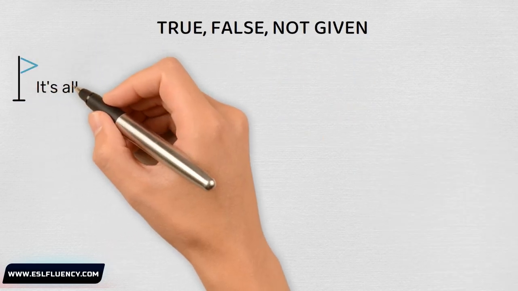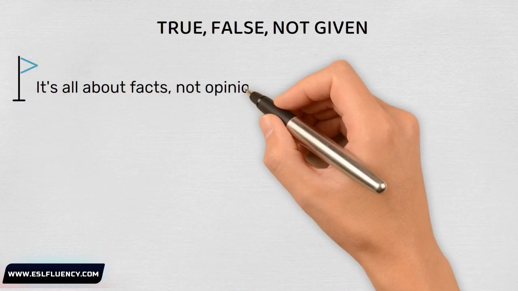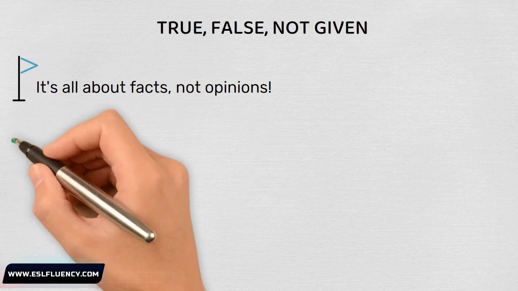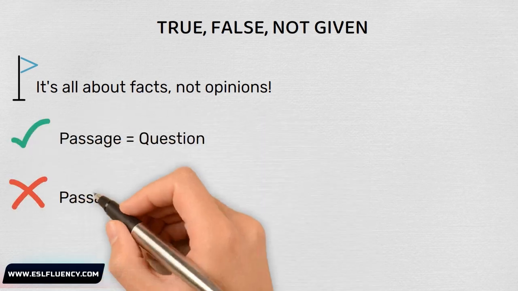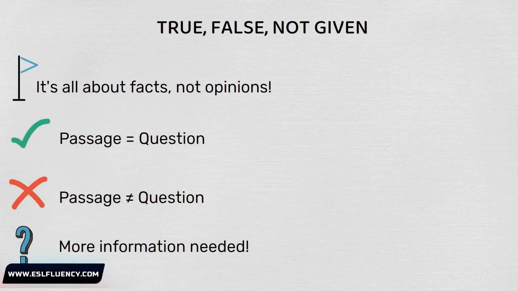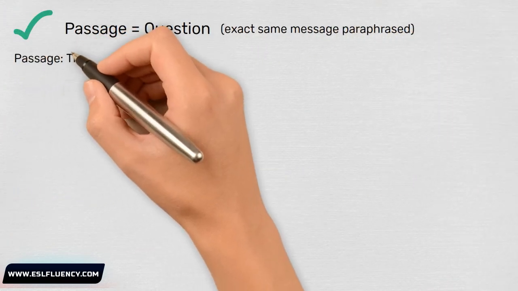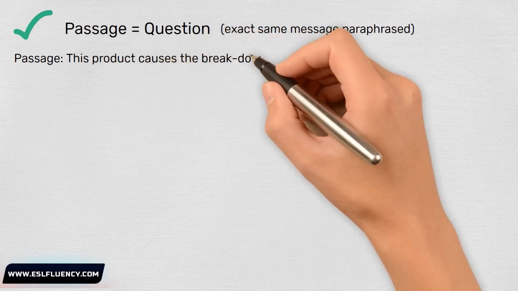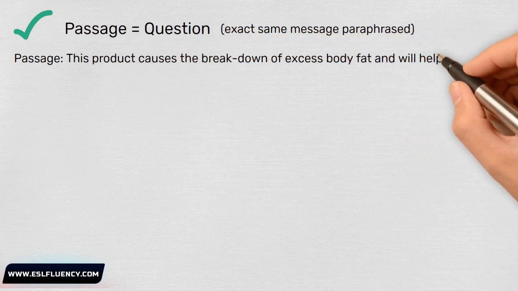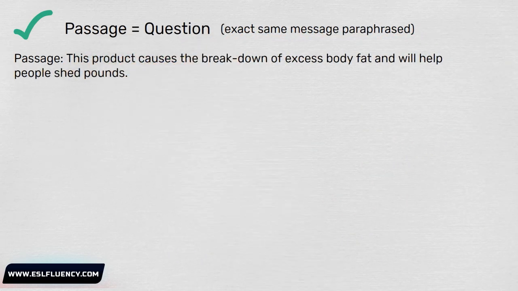The questions are about facts in the passages. Does the question say the same thing as the passage, contradict it, or do we need more information to decide? Take a look at this example. This product causes the breakdown of excess body fat and will help people shed pounds. And here is the question.